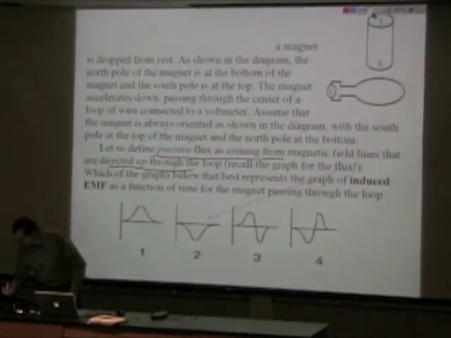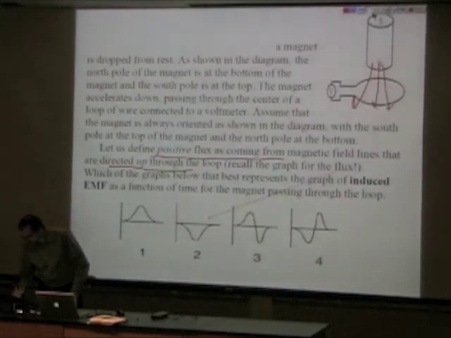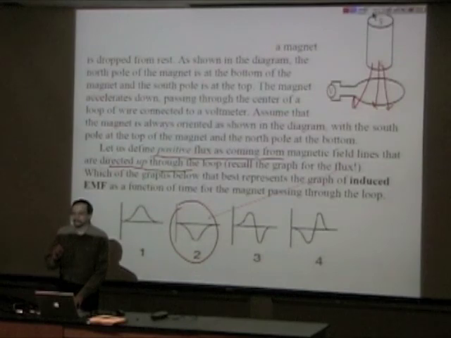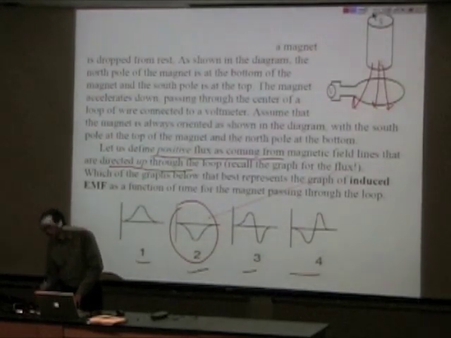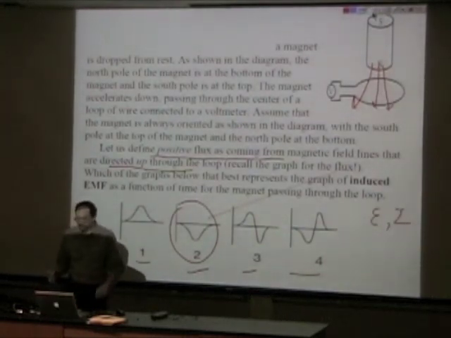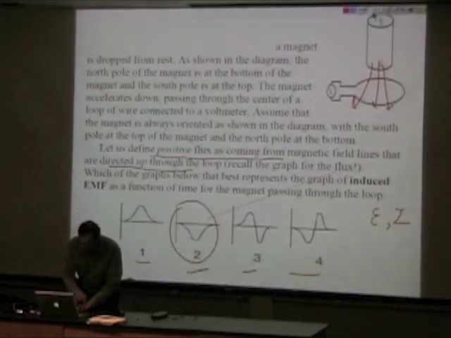So for this magnet, the flux is negative. So this is the graph for the flux. My question is, which of these 4 graphs represent the graph for induced EMF or current? 1, 2, 3, or 4?